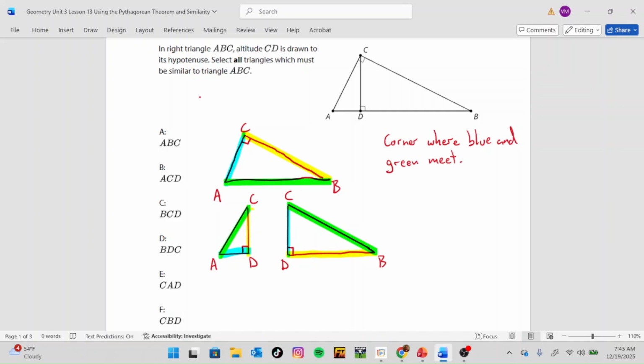So that's going to be our first letter. The second letter in the original triangle was B, and in the original triangle, that is where green and yellow met.